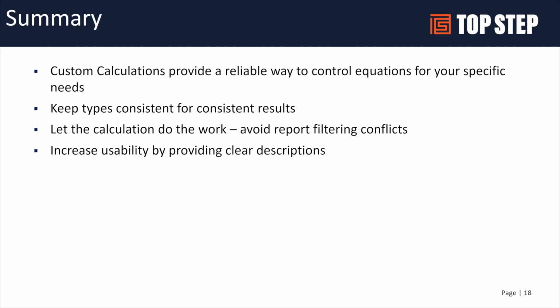What I mean by filtering here is not dating, but other filtering, time types, task types. We recommend letting the calculation do the heavy lifting, and that way you're not worried about having a double filter on the reports. And by creating clear descriptions, people looking at the values can see what their intended purpose is.